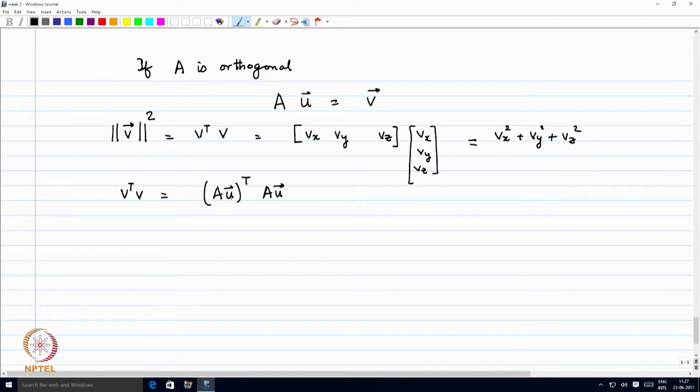Now A u transpose I can write as U transpose A transpose. Whenever you take the transpose of a product, it is the product of the transposes but in the opposite direction. So you have to switch the order, and then you have A times U.